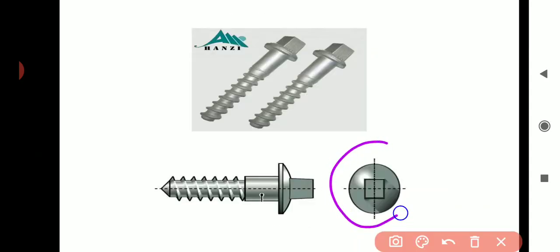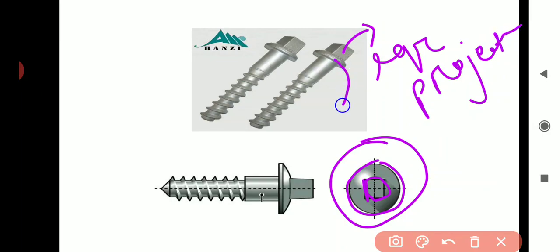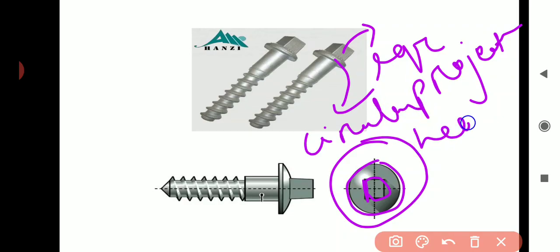So its head is circular shaped with a square projection. Here you can see this square projection, and this is the circular head.